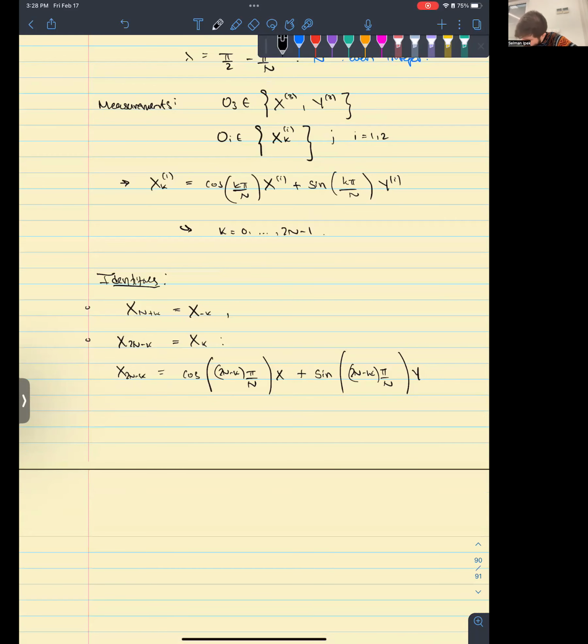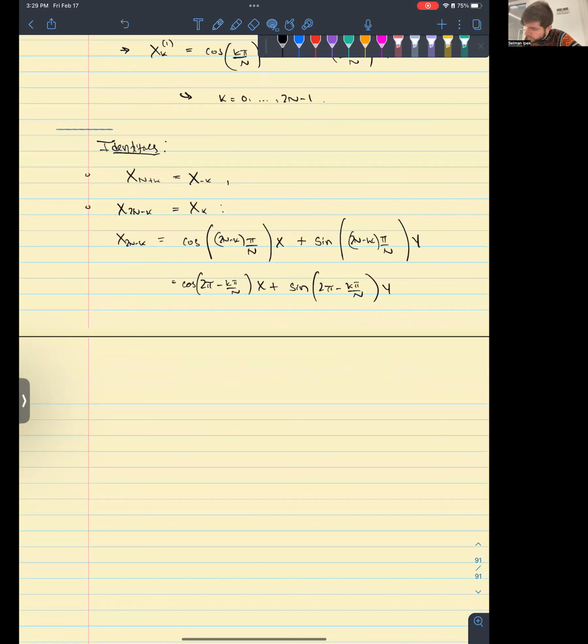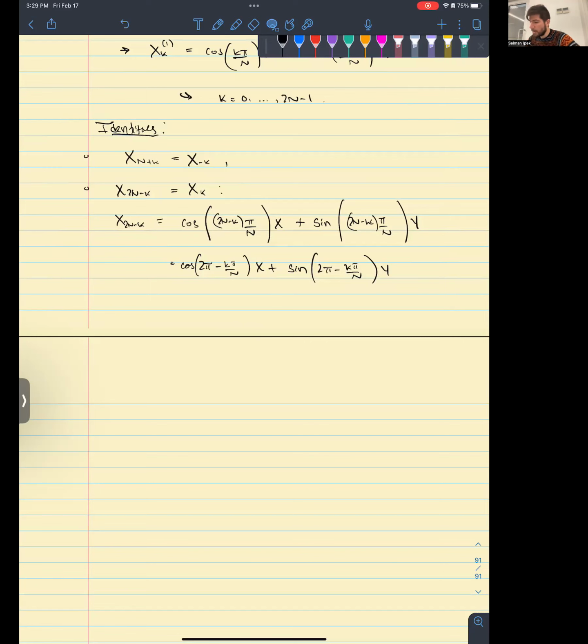So from the first term, when you expand, you have 2n over n, so this will be cosine of 2 pi minus k pi over n times X, plus sine of 2 pi minus k pi over n times Y. You can use some identities here, or just remember that if you add 2 pi, since cosine is a single valued function, you go back to the original.